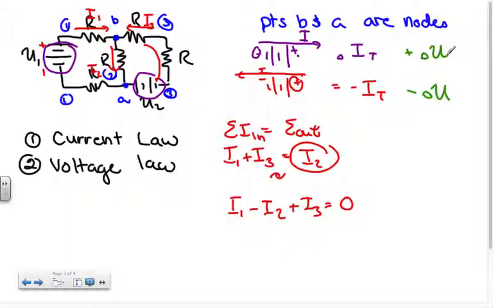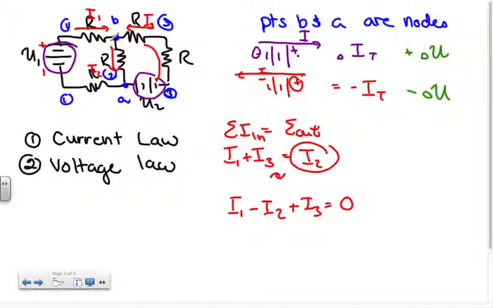Now, the rule for the voltage law is that voltage decreases when you leave in the direction of the battery. So this is kind of a trick rule here.